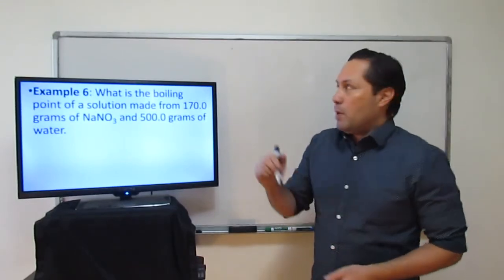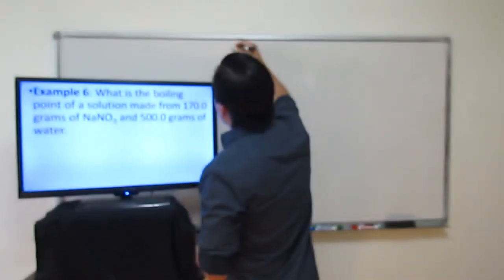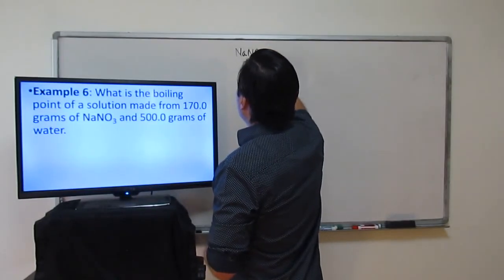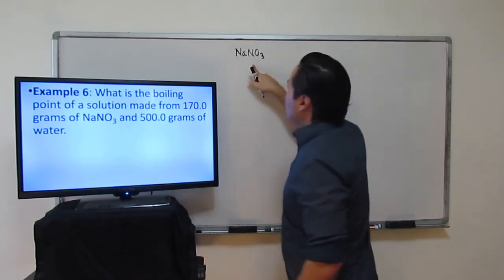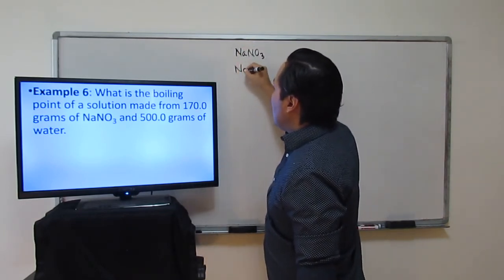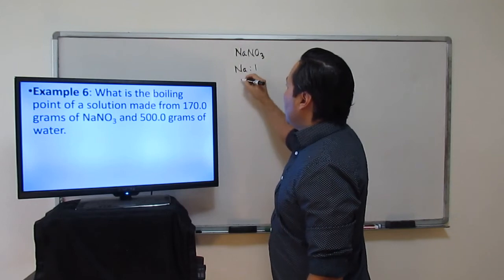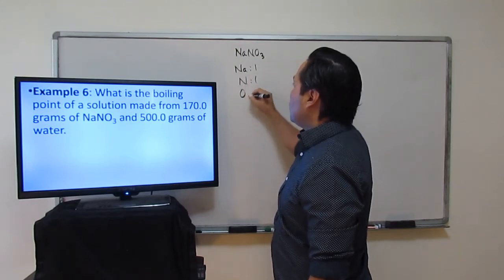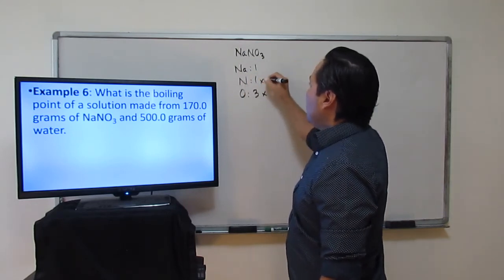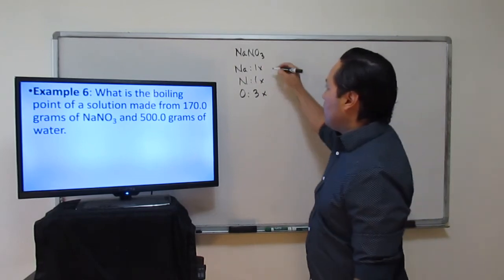First, we're going to need the molar mass. So for NaNO3, we're going to find the molar mass of this compound. It's going to be Na, there's only one atom, and nitrogen 1 and oxygen 3. Next, we multiply them times their mass from the periodic table.